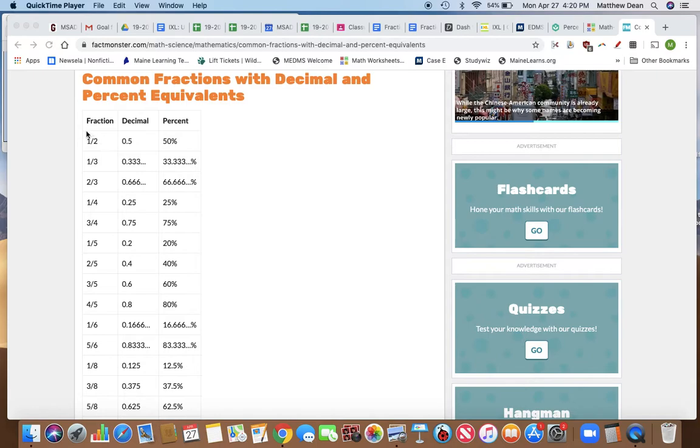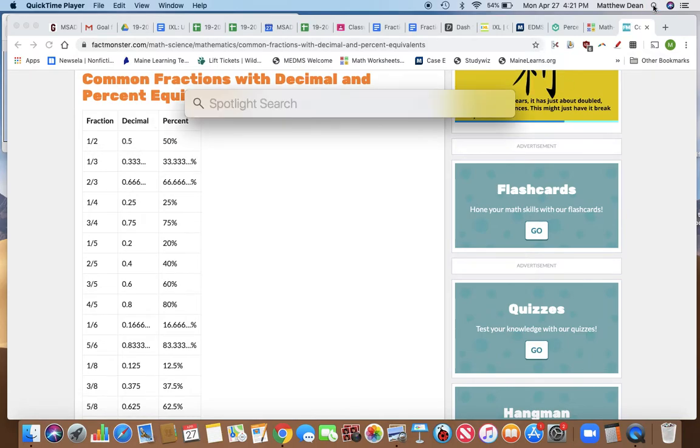If you remember, before break we were converting between fractions and decimals. When we had 1/2, to convert that to a decimal, we used calculators.